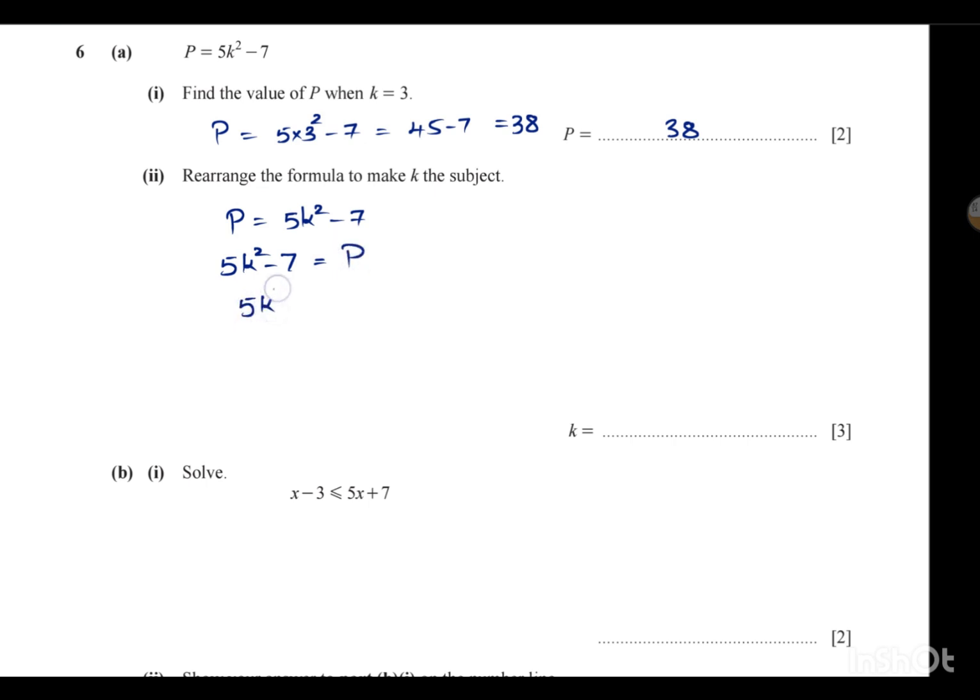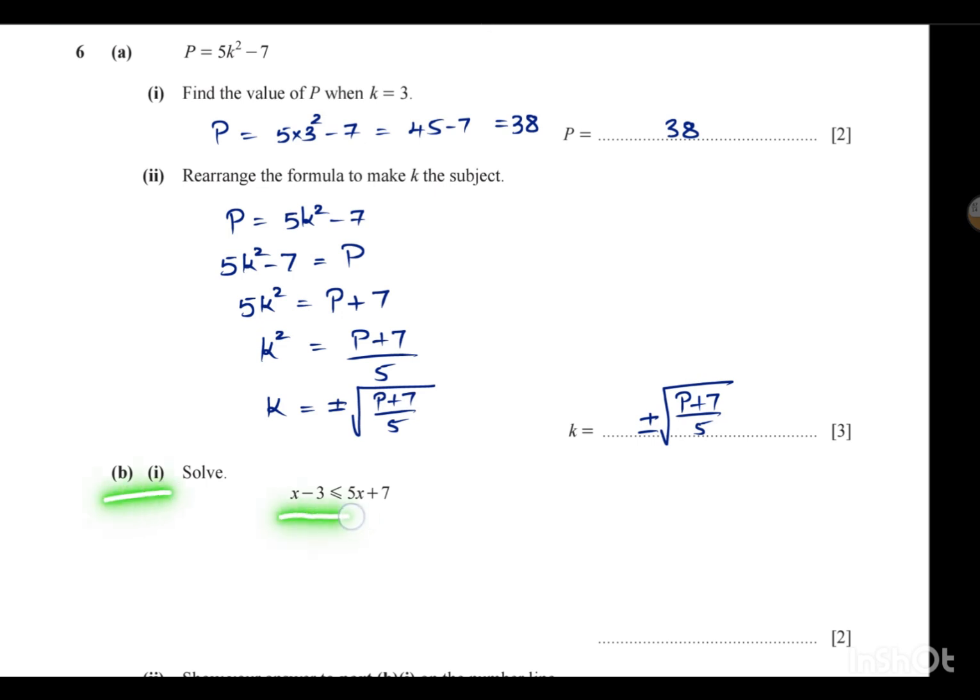Keeping 5k square on the left hand side, bring 7 to the right hand side, it becomes plus 7. Keeping just k square, bring 5 to the right hand side, it becomes divided because it is multiplying on the left hand side. Then k will be plus or minus the square root of p plus 7 by 5. This is the answer.